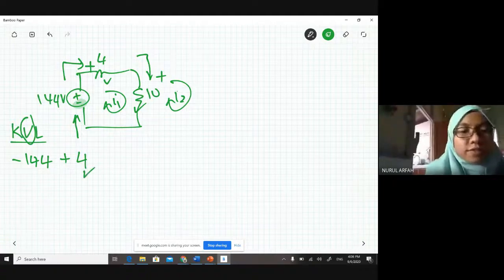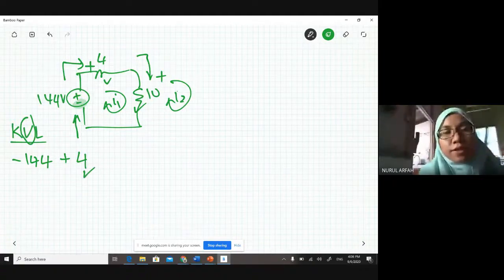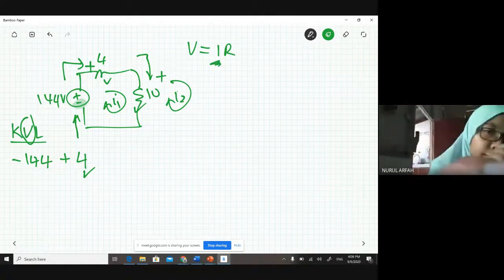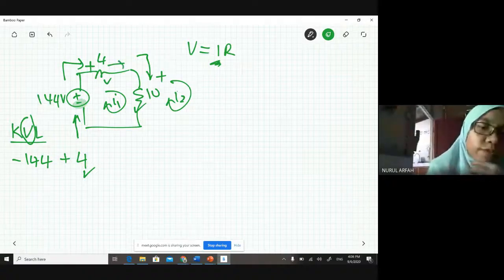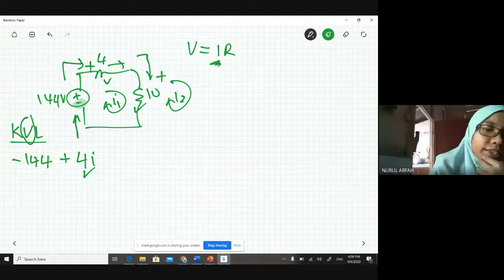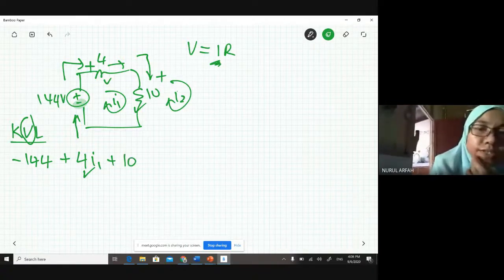4 is a resistor. Okay? Voltage is equal to IR. Then you need to find the current here. So what is the current through 4 ohms? I1. Yes, I1. And then plus 10. But this 10 is shared by 2 loops, right?